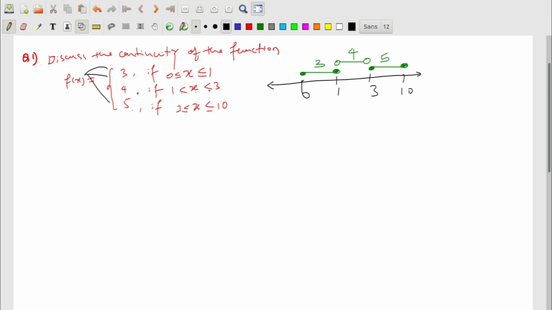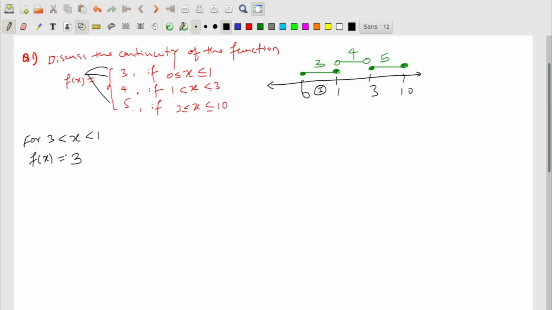Now we need to check the continuity, or find the points of discontinuity, for the given function, right? So the flow of the solution will be the same. First you check the continuity of the function for different regions and then take the specific points. So let me start with the first region, greater than 0 and less than 1. For this range of input values, the value of the function f of x is 3, right?